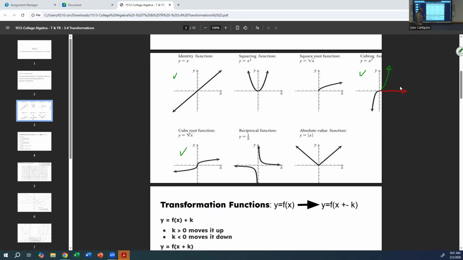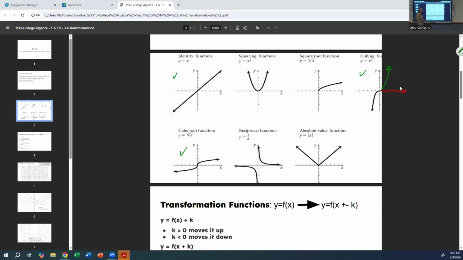It's important that you recognize that they are positive, because in your homework, you have, for example, this function, and they give you 5 different graphs, and you have to pick which one belongs to y equals 1 over x. And you need to understand which is positive and which is negative. But all these are positive.